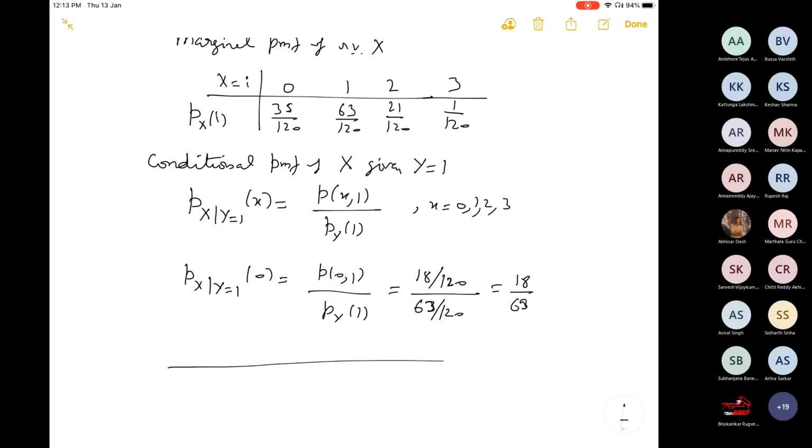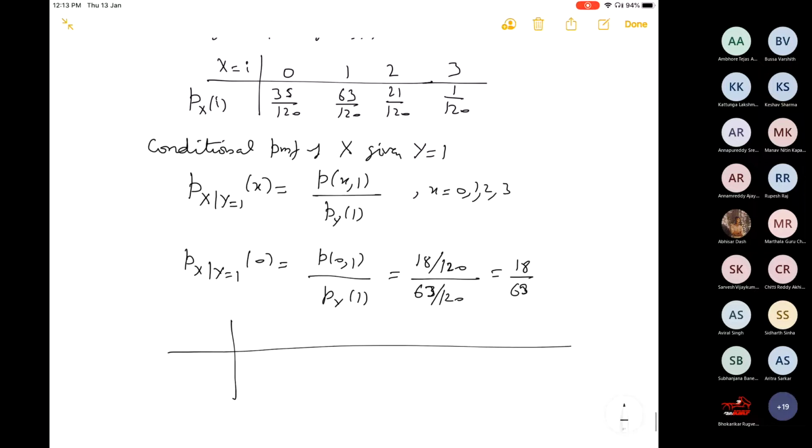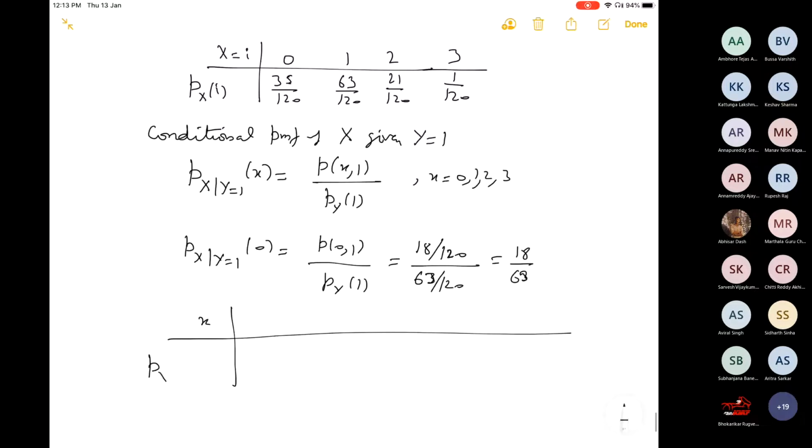In this fashion, you can find out all the values corresponding to x. What is p(x given y is equal to 1) for x 0, 1, 2, 3? So this is 18 by 63, then next is coming out to be 36 by 63, 9 by 63, and this is 0.